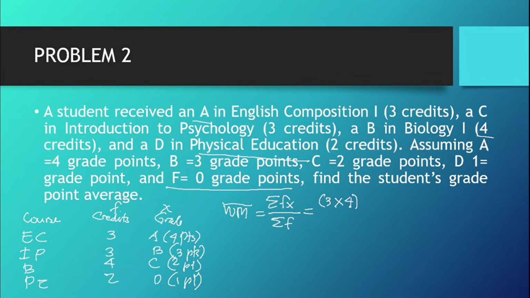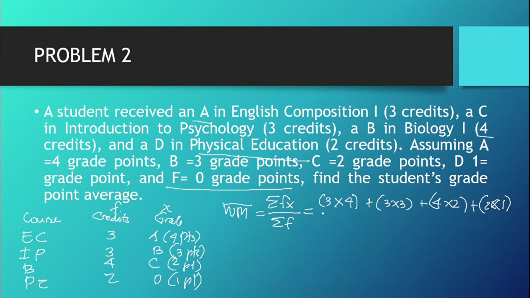Okay, 3 times 4 plus 3 times 3. So we have summation of frequency and the grade. Frequency 3 times 3 plus 4 times 2 plus 2 times 1.